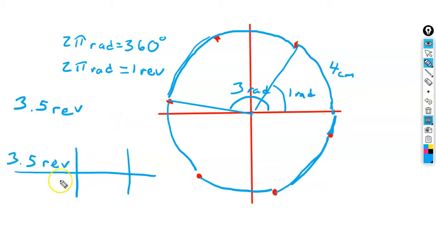So I want revolutions into radians. And so I'm going to know that 2 pi radians equals 1 revolution. And so I'm going to try and cancel the revolution on the bottom down here, and I'd write 2 pi radians on top.